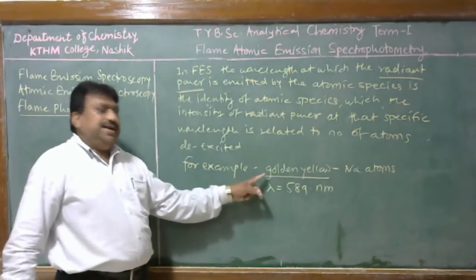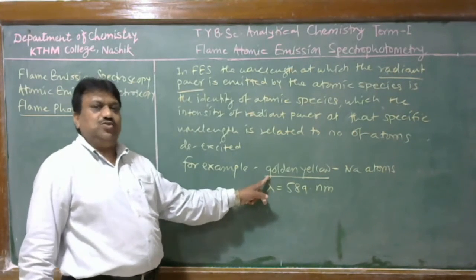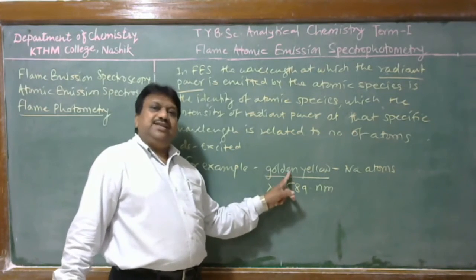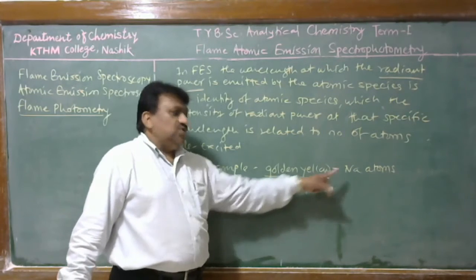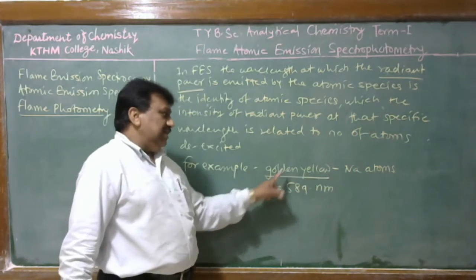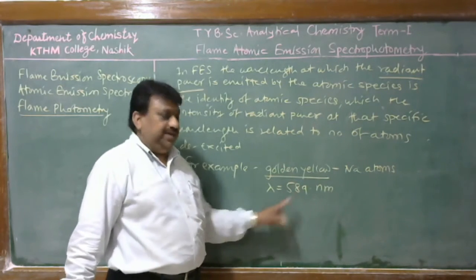When we aspirate a solution of a sodium salt, such as sodium chloride or sodium bromide, the characteristic golden yellow color imparted to the flame indicates that sodium atom is present in the flame. The wavelength of this golden yellow color is 589 nanometer.